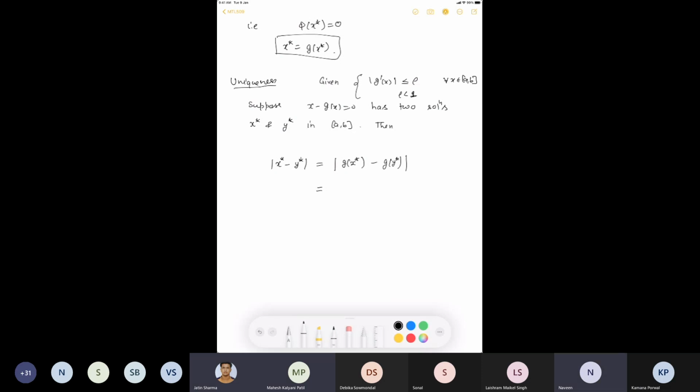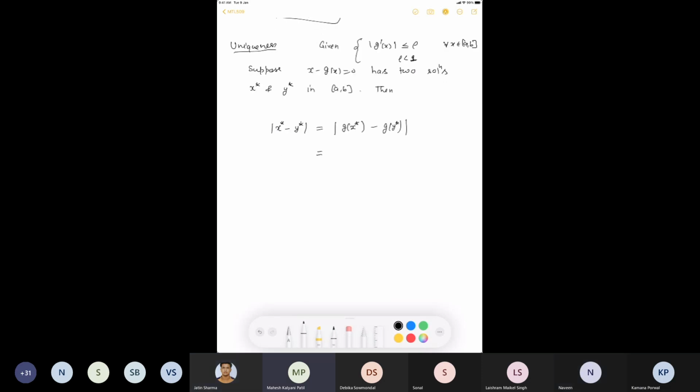What do I have to apply here? The mean value theorem.